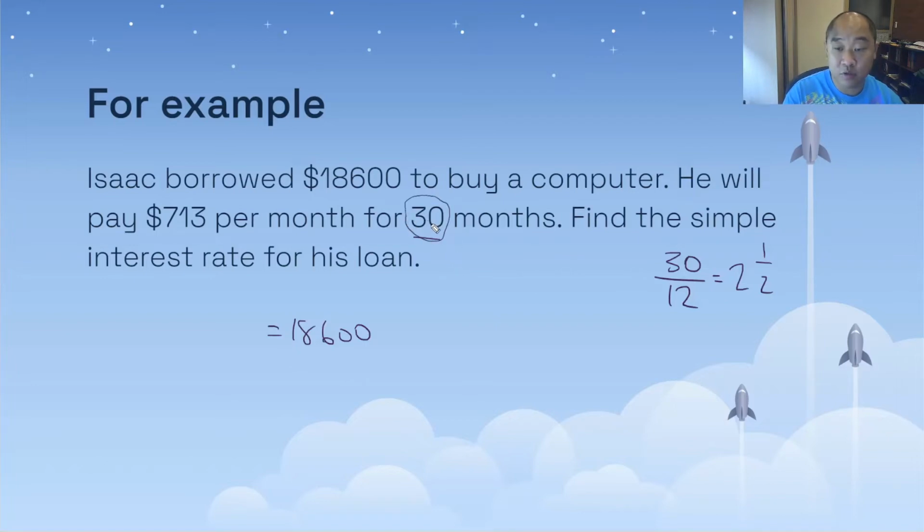So there's 12 months in a year, so we divide 30 by 12, and we get 2.5. So we're going to multiply this by the rate, which we don't know, right? And then we're going to multiply this by 2.5. And this is going to be equal to 713. Now this is 713 times 2.5.